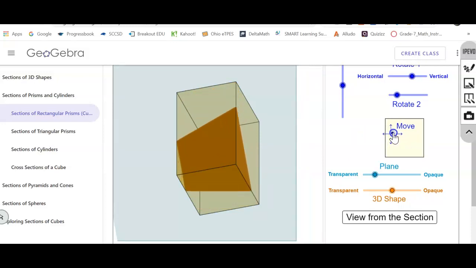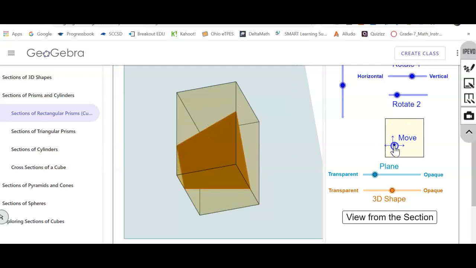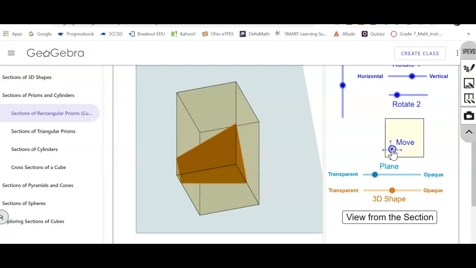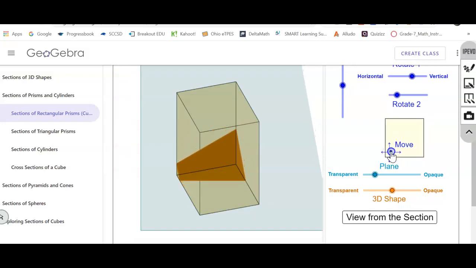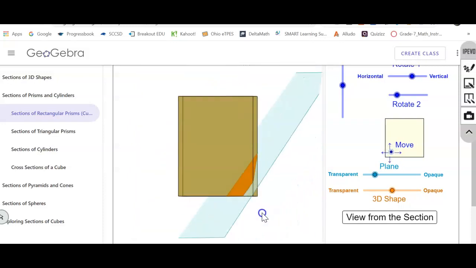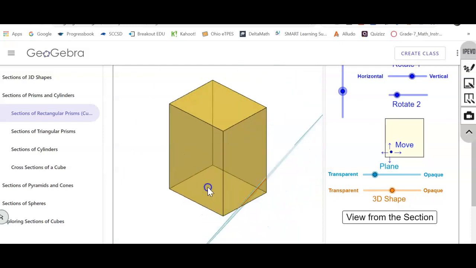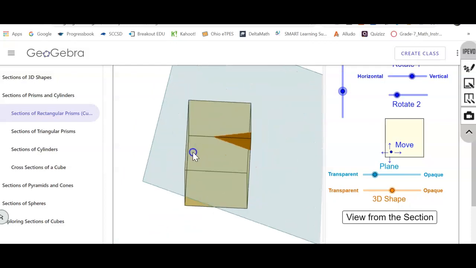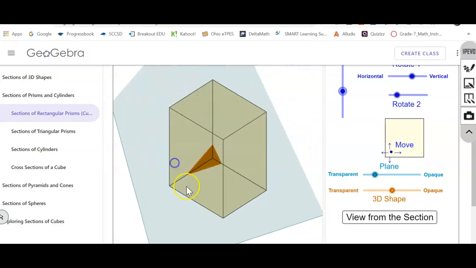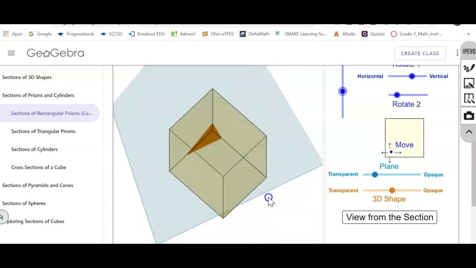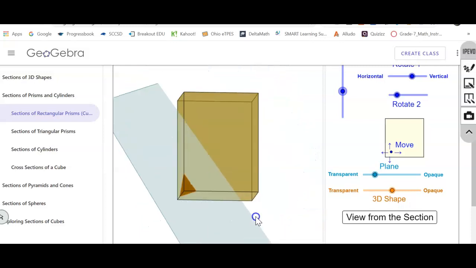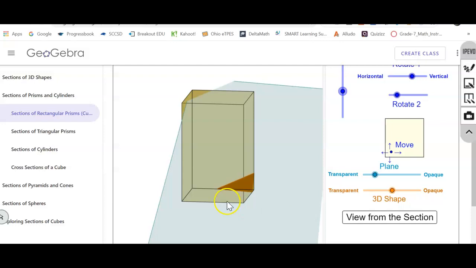If I move it, then it shows me that I'm slicing off like that corner. Oh, I did it. Not quite got it yet, so we will go down a little bit right there, and I did it. See how that works? So I just cut off a corner.